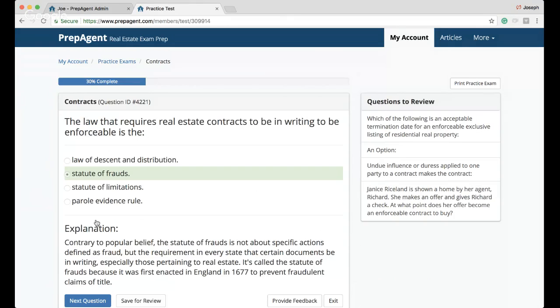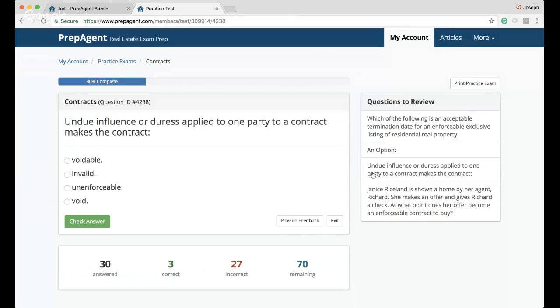Statute of limitations has to do with time. Undue influence or duress applied to one party to a contract makes the contract voidable, invalid, unenforceable, or void. What do you guys think? Voidable, invalid, unenforceable, or void?